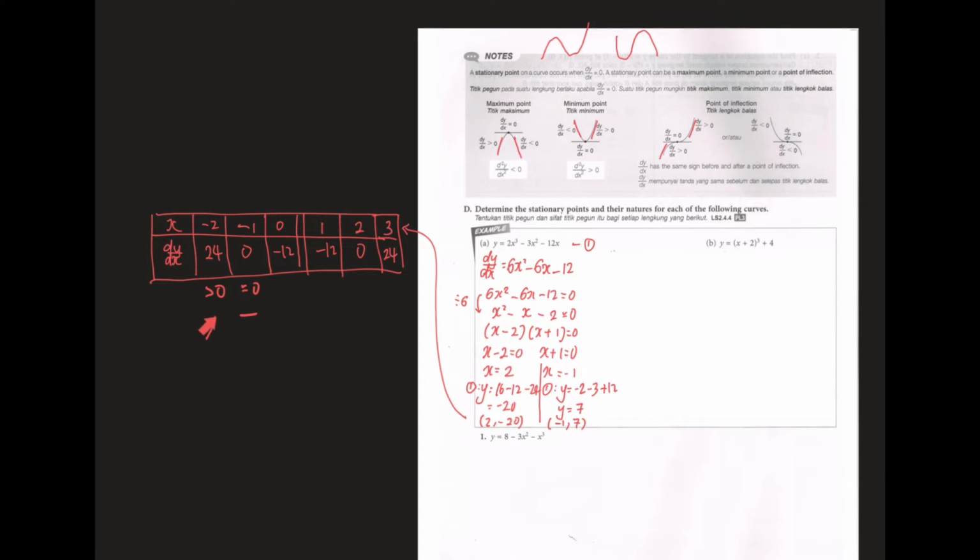I purposely draw like this because I want to show you the tangent. Equal to 0 is horizontal, and less than 0 is going down. So you can see the graph to be like a maximum in the blue color part here. More than 0, equal to 0, less than 0, this is a maximum. So we say that... I write it.